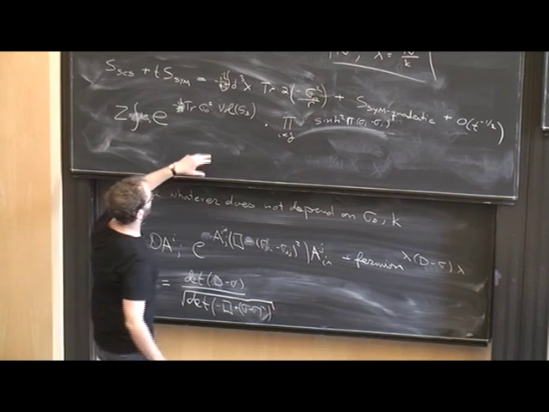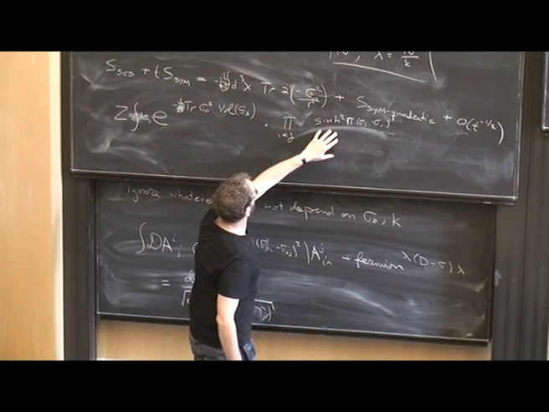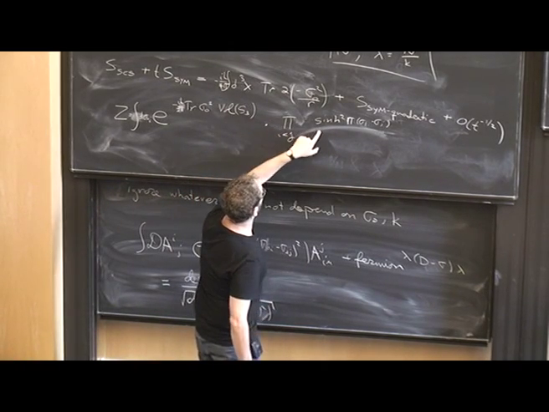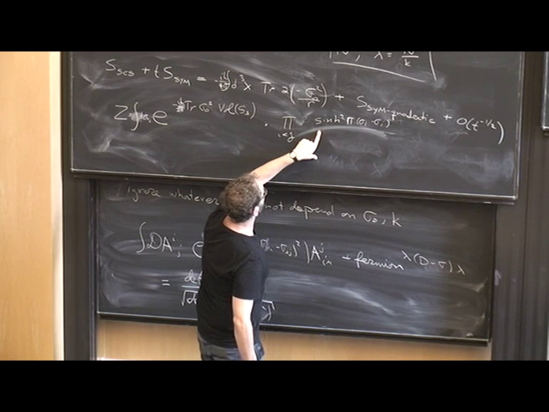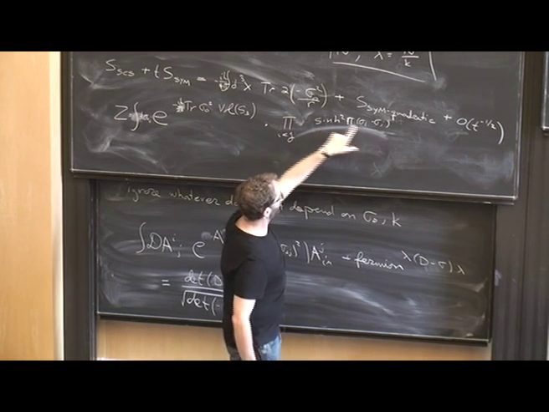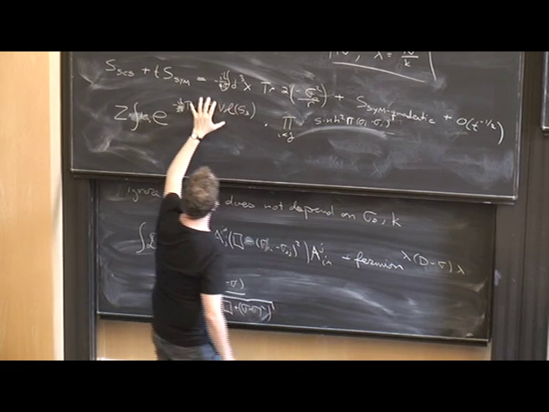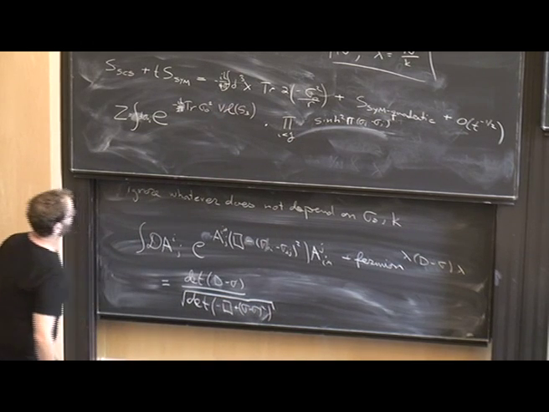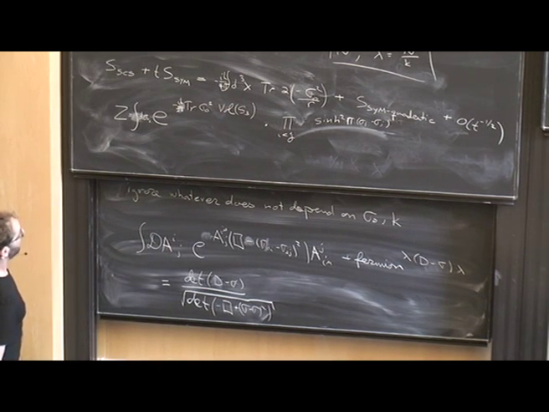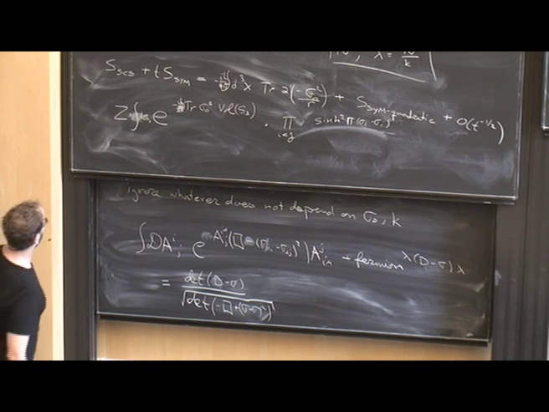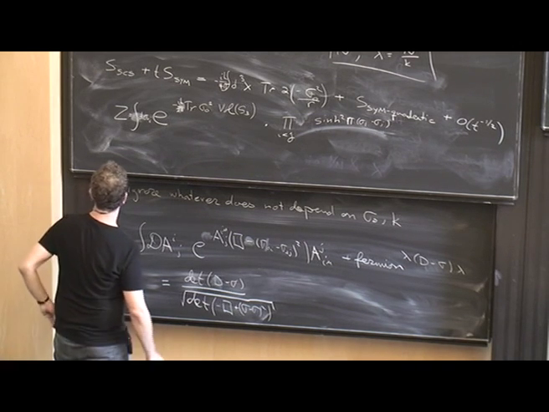We'll just get more. So this is not in the exponent, right? This appears outside of the exponent. This is just a measure of integration. It will just be this without the exponent. Just a Vandermonde-like determinant.